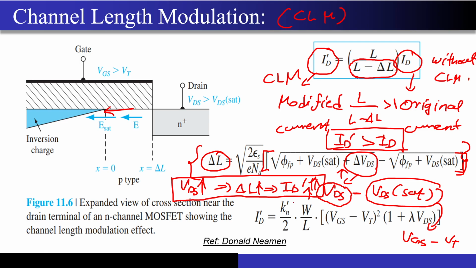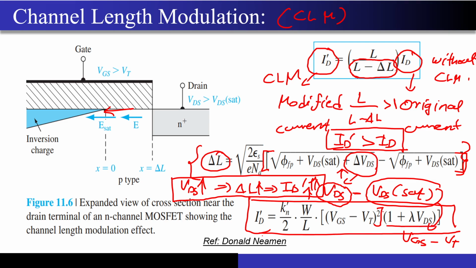This is the analogy, so please remember it. And this was the formula that I was telling you about, the modified formula of the current including the channel length modulation. Kn dash is nothing but mu n into Cox, so it is half into mu n Cox W by L, VGS minus VT the whole square, and this 1 plus lambda VDS.